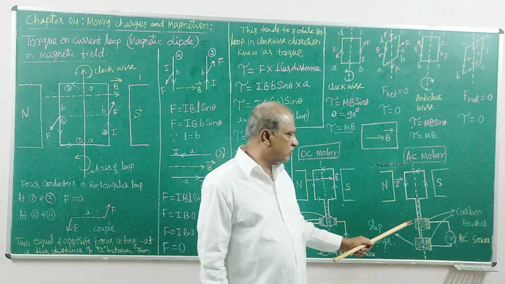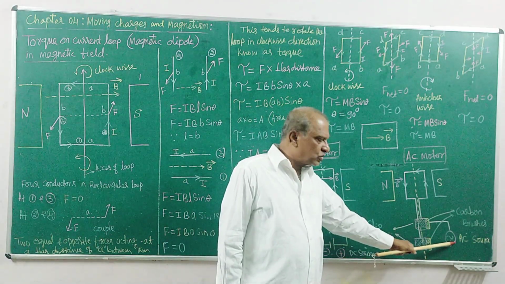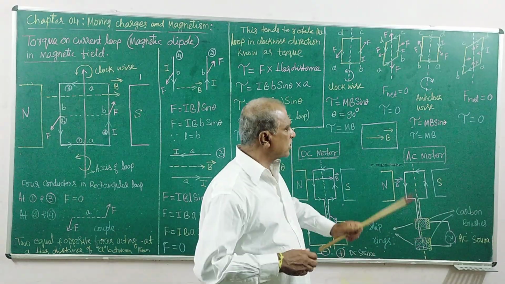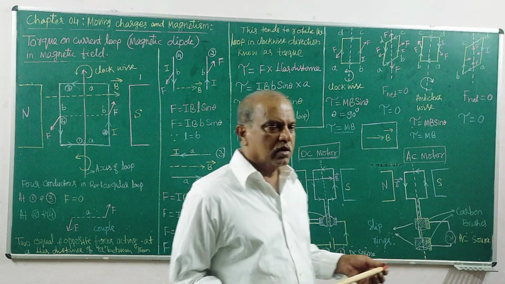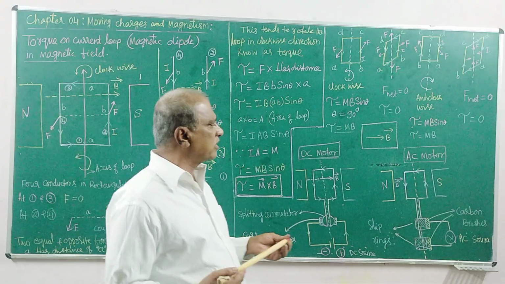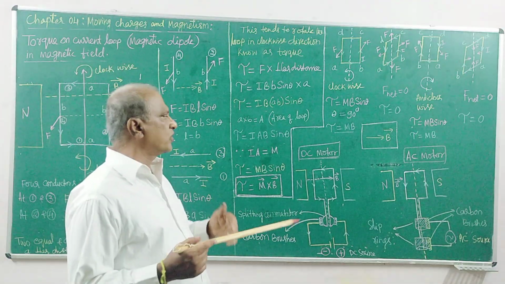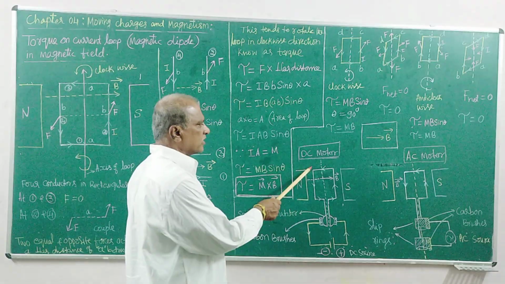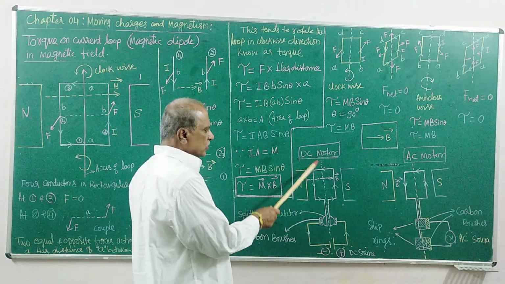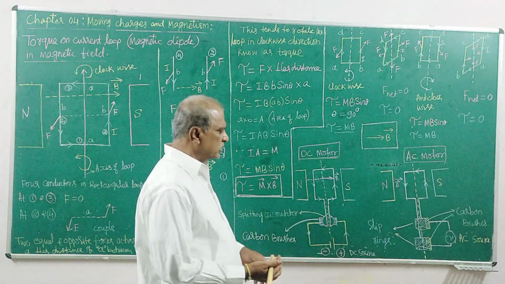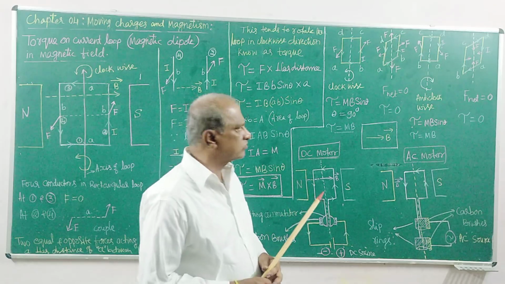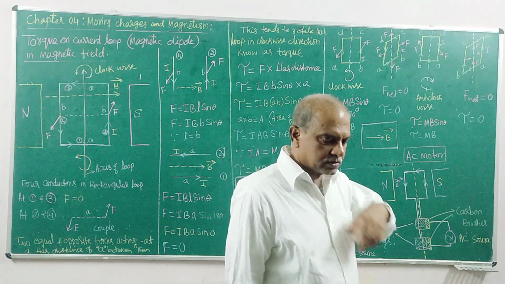This is a very good source of energy. This is the principle and the device you design to get continuous conversion of electric energy into mechanical energy and mechanical energy into electric energy. You can produce both DC current as well as AC current. With this you are completed with this. Thank you very much.